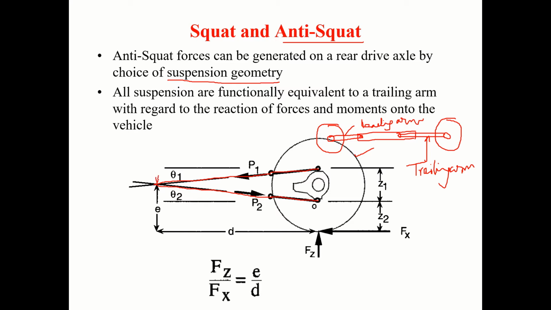So this one. From here to the reaction point, the distance is d. And the height of the reaction point is E. Now you see here, about this reaction point, Fz into d.